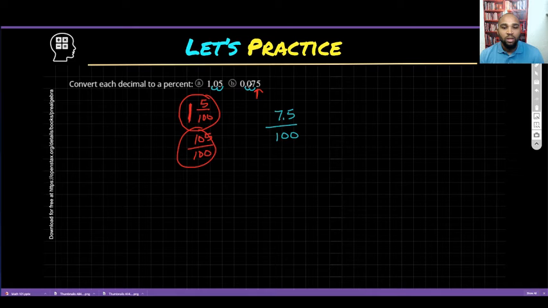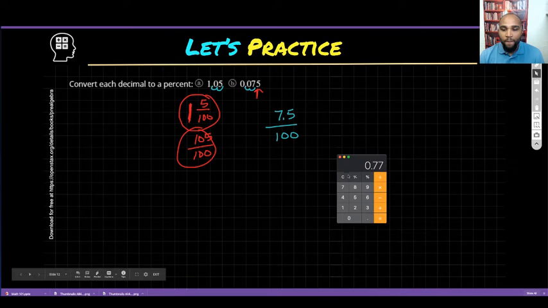So that's how you're going to do that one, is realize that this decimal, now we're going in the opposite direction, is going to be 7.5 over 100. Again, we can check our answer by putting it in the calculator. Put 7.5 divided by 100, and we should get 0.075, and we do. So there we go.